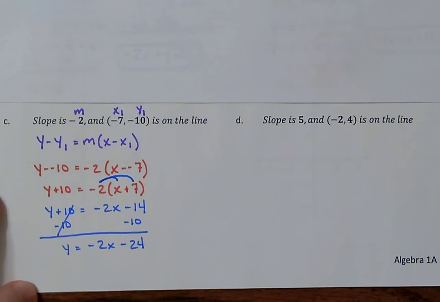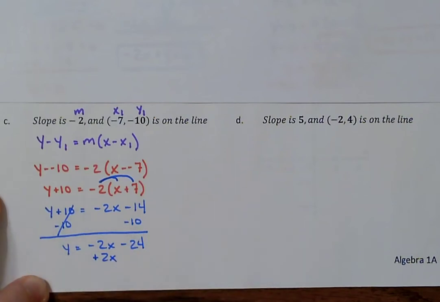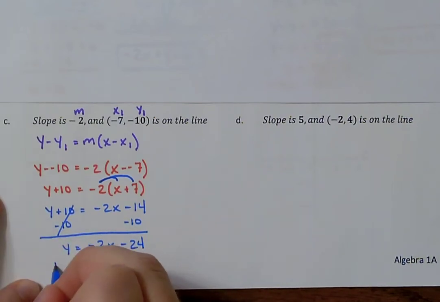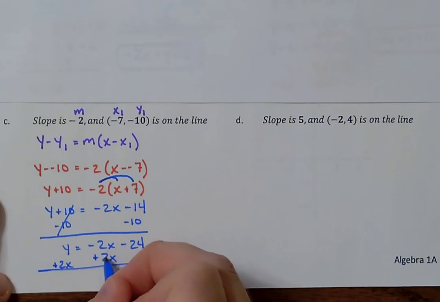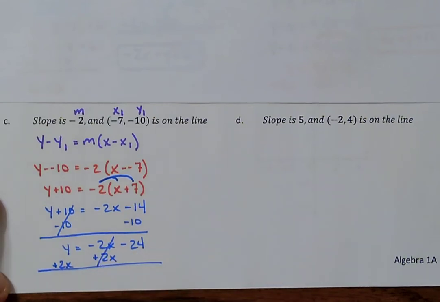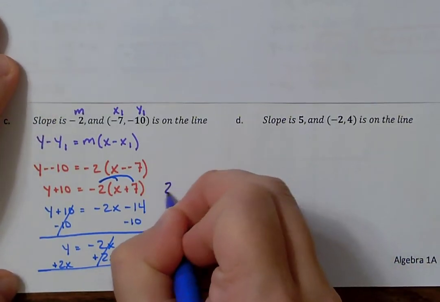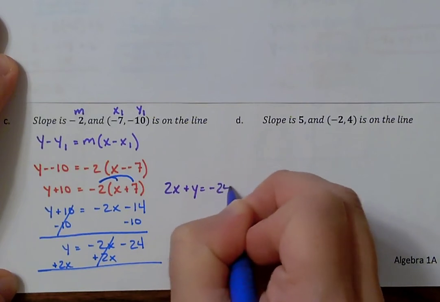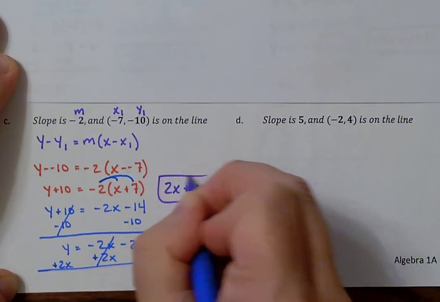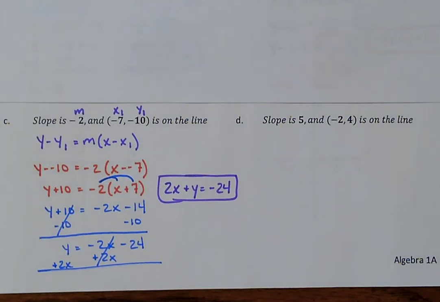And my last step is I have to then add 2x to both sides to get x and y on the same side. So the x's cancel on the right, and then I end up with 2x plus y equals -24. And that is my answer.